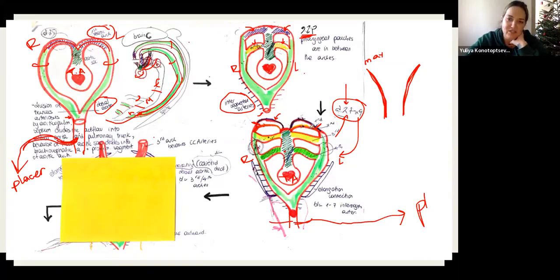Now, second aortic arches do the same thing, exactly the same thing. Just on day 29, they lose the connection to the dorsal aorta, so they no longer are arches, and they want to ascend. And we see something like this here.